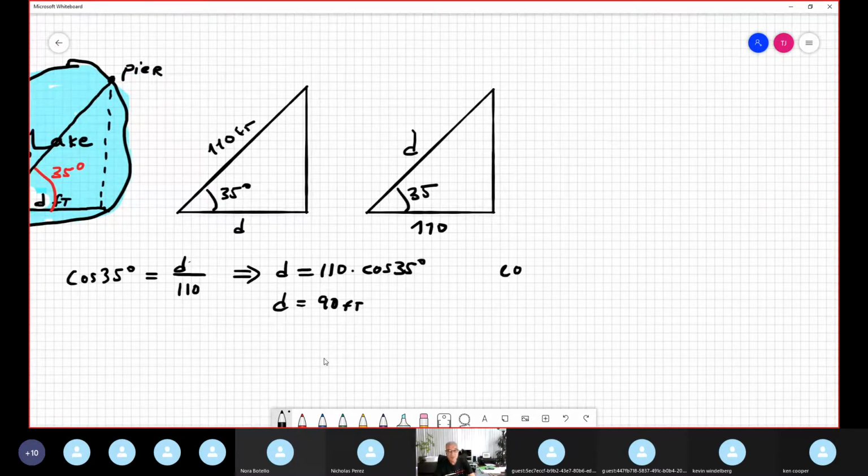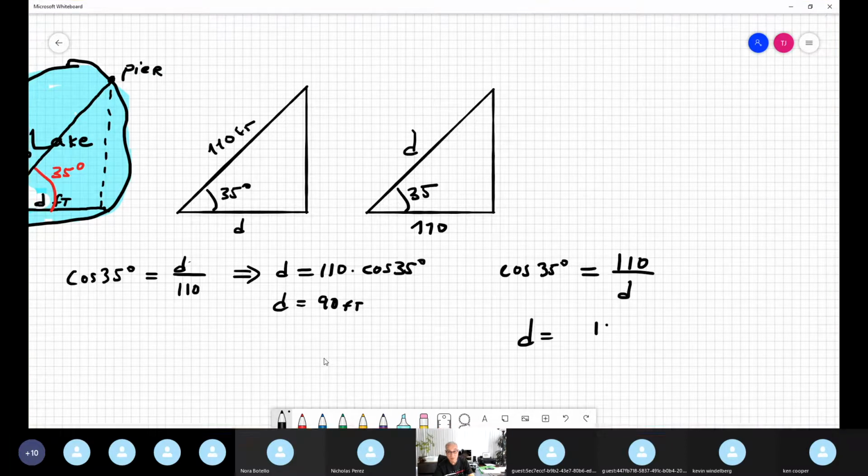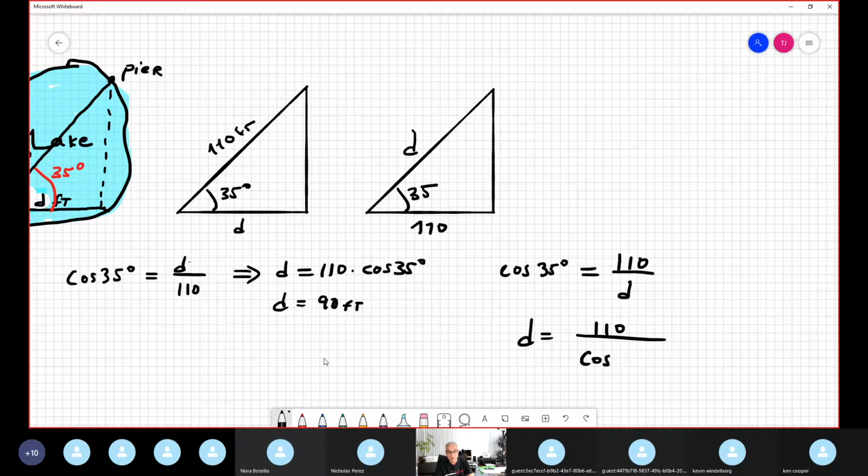Cosine 35 degrees is equal to 110, which is adjacent in that case, divided by hypotenuse. So the hypotenuse is 110 divided by cosine 35. Let me put it in the calculator so it makes sense according to the choices that we have. 110 divided by cosine 35 degrees.